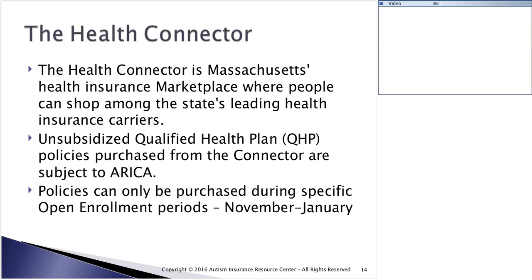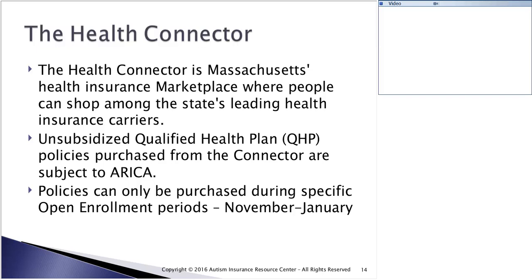The short answer is no. Medicare is not subject, those are both public plans. Medicare is not subject to ARICA, and MassHealth is not subject to ARICA. So for a child who is 23, they may have MassHealth if they've gotten that by being disabled.